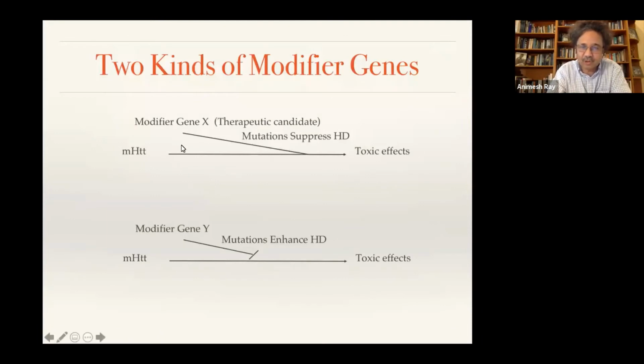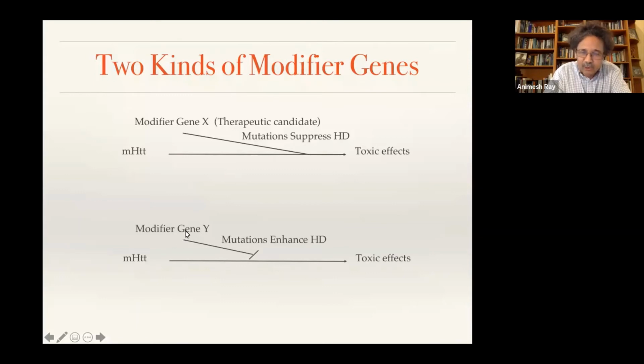the modifier gene's product. But then there could be genes that enhance the Huntington's disease. Loss of function mutations can enhance the Huntington's disease modalities. And so there may be many ways by which it can do that, and I wouldn't go into it. But those genes are not very useful, although they are very useful for understanding how Huntington's disease occurs.